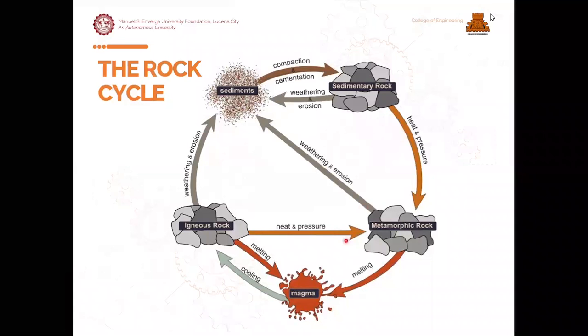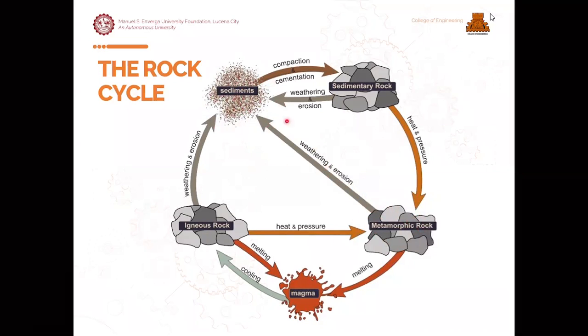Then from metamorphic ulit, kapag yung metamorphic rock natin halimbawa na-expose na siya sa iba't ibang natural forces na pwedeng mangyari sa weathering and erosion, so may mapipick up ulit na mga particles o fragments sa kanya na magiging sediments.